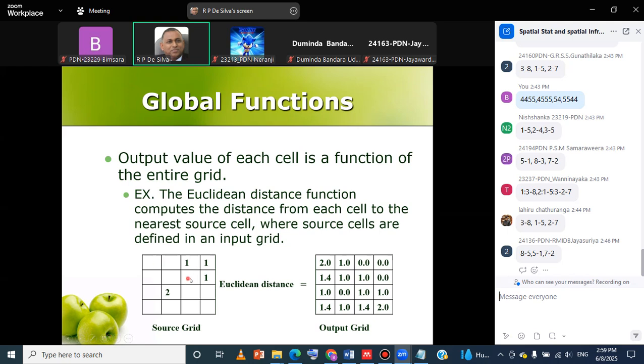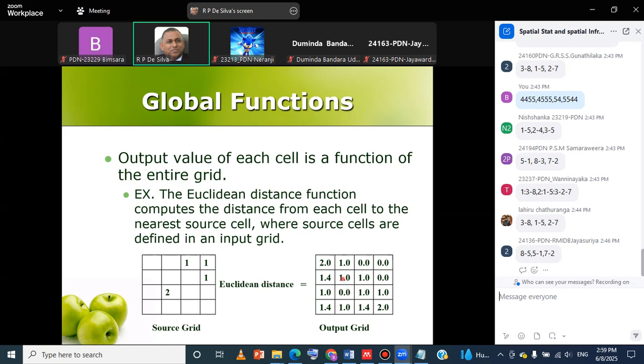If you are here, which cell is closer to you? This one or this one? Source grid number 2 is closer because from here, you have only 1 unit distance. From here to here, it is square root of 2. So square root of 2 is more than 1. Therefore, you take value 1 for that cell.